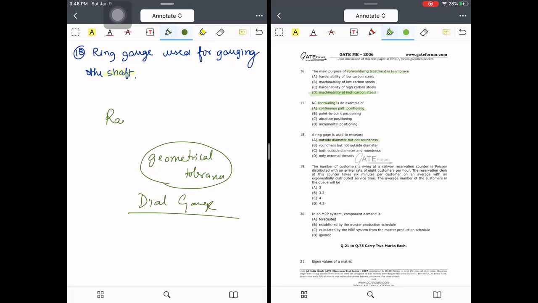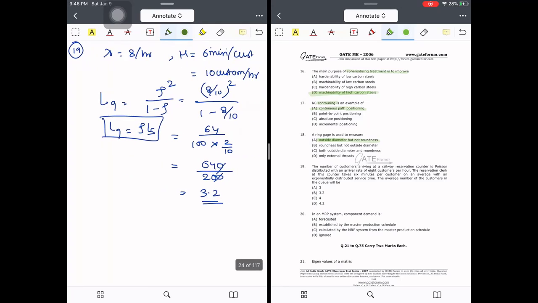There is a stylus which we keep and measure the roundness with; it is called a dial gauge. A dial gauge is generally used to measure the roundness of the shaft, or the linearity of the surface. But with a ring gauge we focus on the outer diameter, whether it goes inside that particular gauge or not.